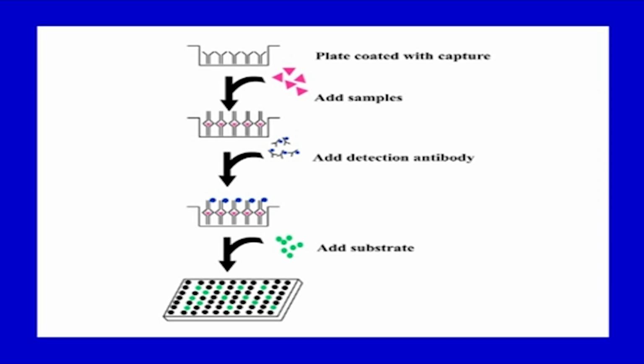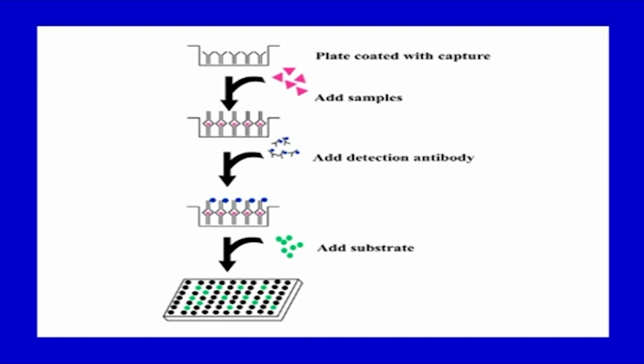Here, antibodies are immobilized on a surface, or this is the capture antibody you can call, and this is a well of a microplate. Then your sample, that is antigen, is added, and since these antibodies are against the antigen, they will bind. The non-specific binding will be very much less, and then plate blocking will be done.